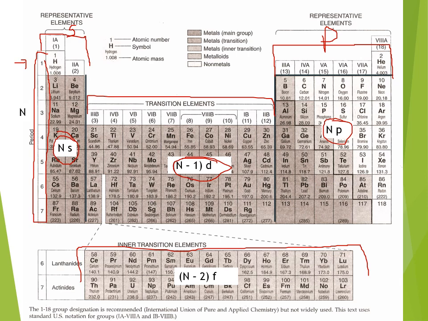So what we have now is we can figure out the row or the period that we need to look in. If we have the n value, it will tell us to look in period 1 through 7. Next, we can further narrow it down by knowing which group to look in. Are we looking in the s block or the p block or the d block, which is going to help us further narrow it down.